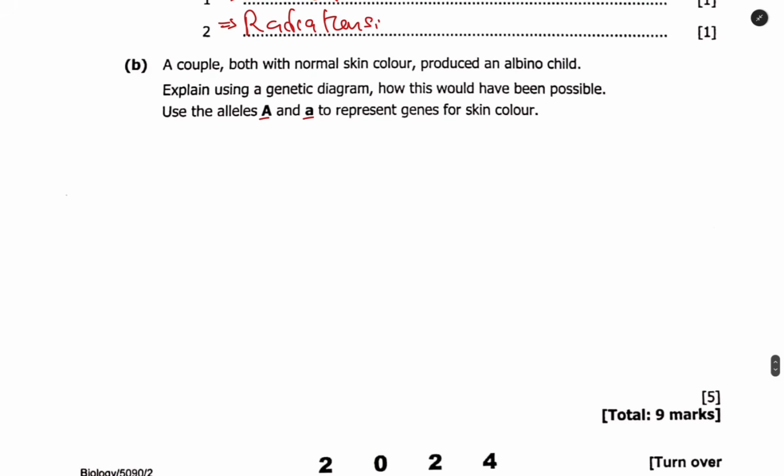So now, if we are to put up the genetic diagram, let us start with parents. Then we are going to put male, and here we're going to put female, or mother and father. Okay, we can put father, then we can put mother.